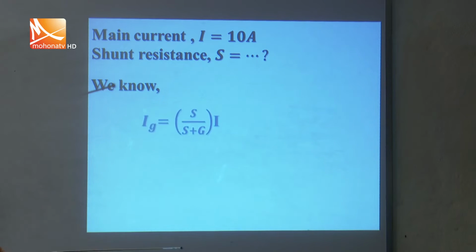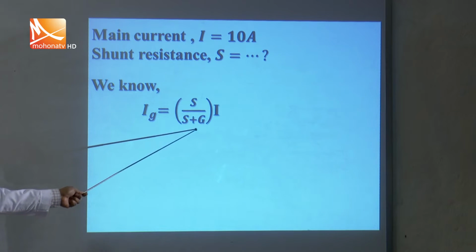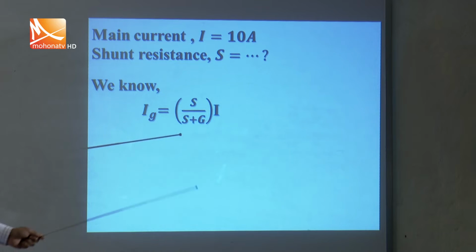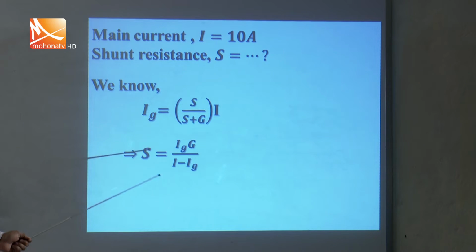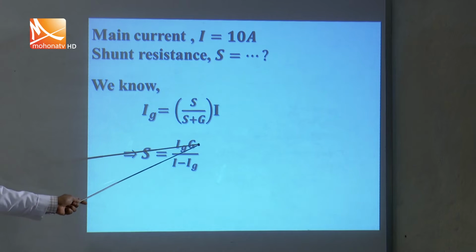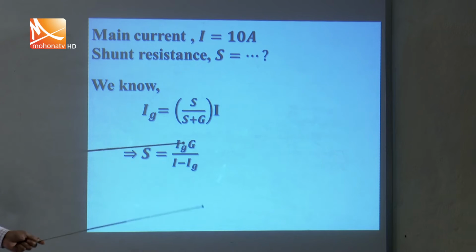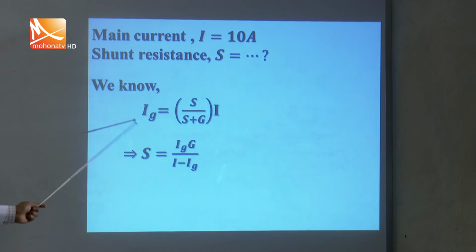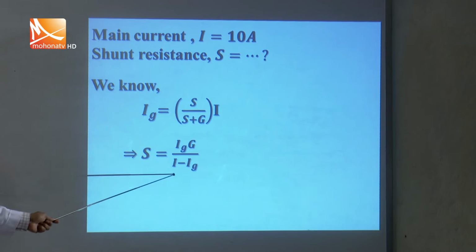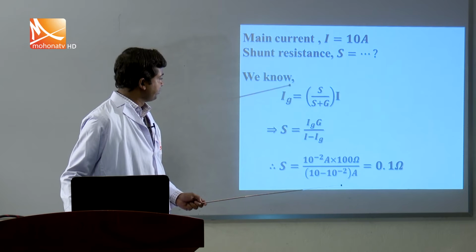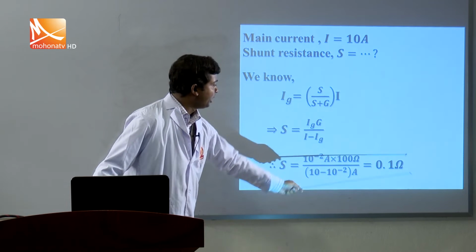Then you know Ig equals Is times S plus G. If you take cross multiplication, then you can finally write S equals Ig G divided by I minus Ig. This is a simple mathematical equation. Putting the values of Ig, G, I and Ig, you will get 0.1 ohm.